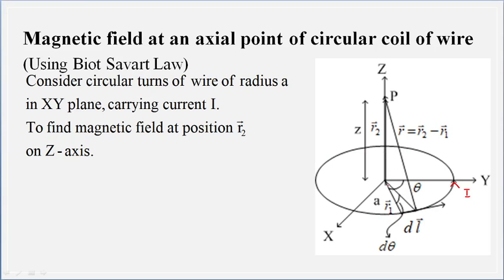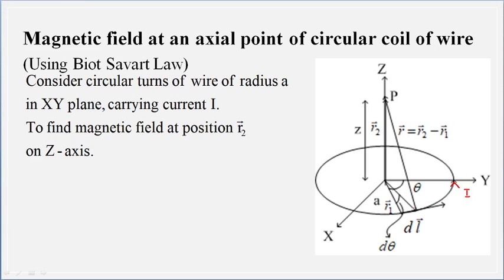This is the x-axis, this is the y-axis, and this is the z-axis. You can draw x, y, z this way also, because normally where I have shown y is x, and where I have shown z is y, and what is shown as x here is normally z. But the coordinate system can be rotated. When you rotate it, you get this. So the xy plane is horizontal, the z-axis is vertical. So this coil is in the xy plane.